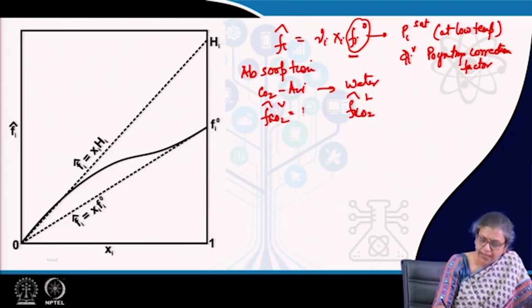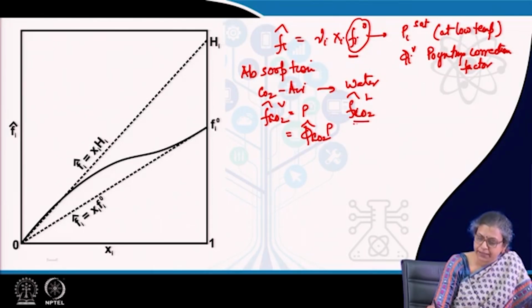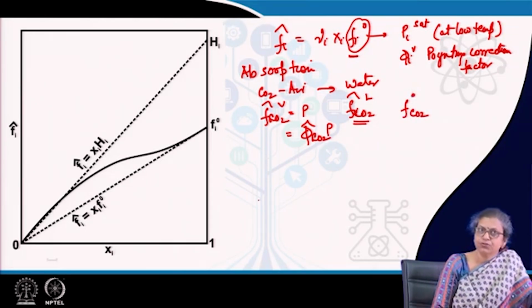We know that it will be equal to phi CO2 into pressure, depending upon the composition. It is not a problem. So, how to find out this? We cannot find out FCO2 in the pure state.